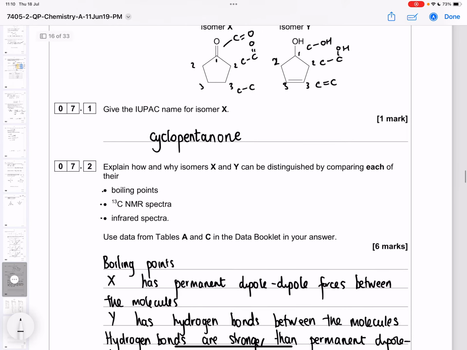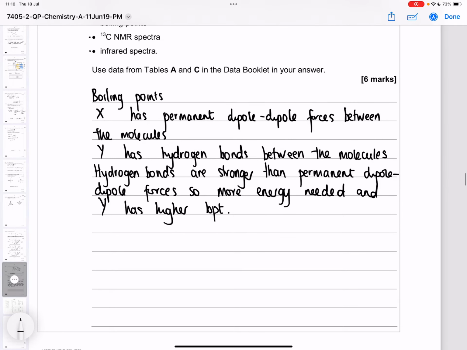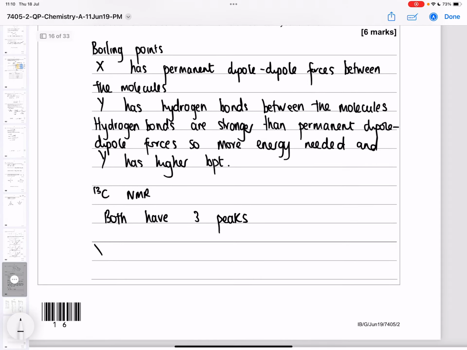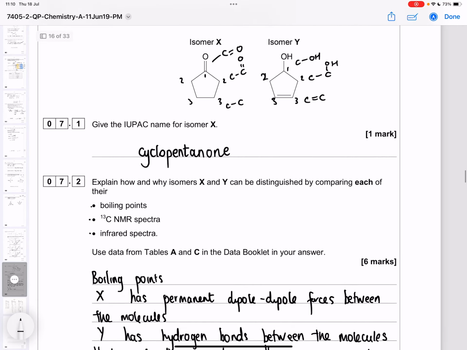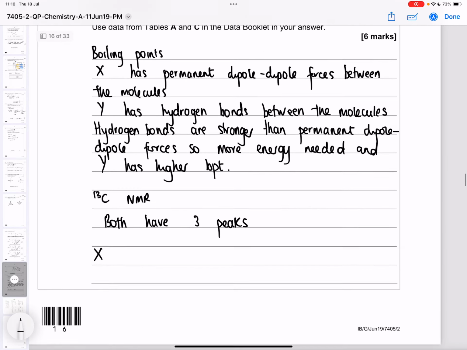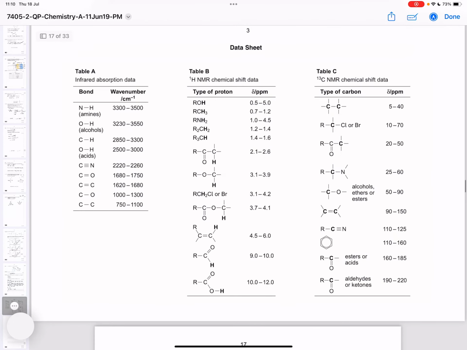So we need to look at our data sheet. So we'll just do carbon-13 NMR. So both have 3 peaks. Then let's look at X first, and let's look at the data sheet. So remember, for X we're looking for C double bond O, next to a C double bond O, and just a regular CC.